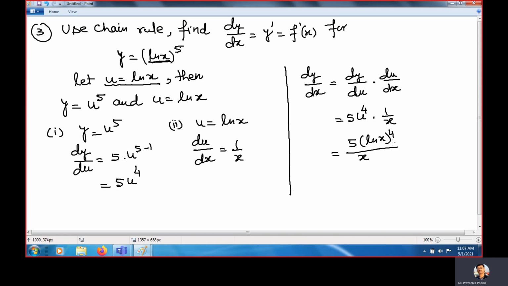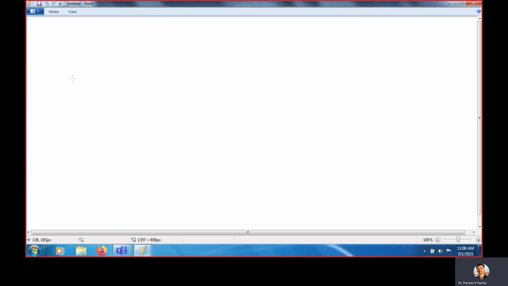This is the answer. We replace u by ln x. Clear? Now there is no u in the answer, you can see. Only log and x is the solution. Clear? So this is how, if it is not given in the form of two functions, we can break the function into two functions, and we can include u into it.